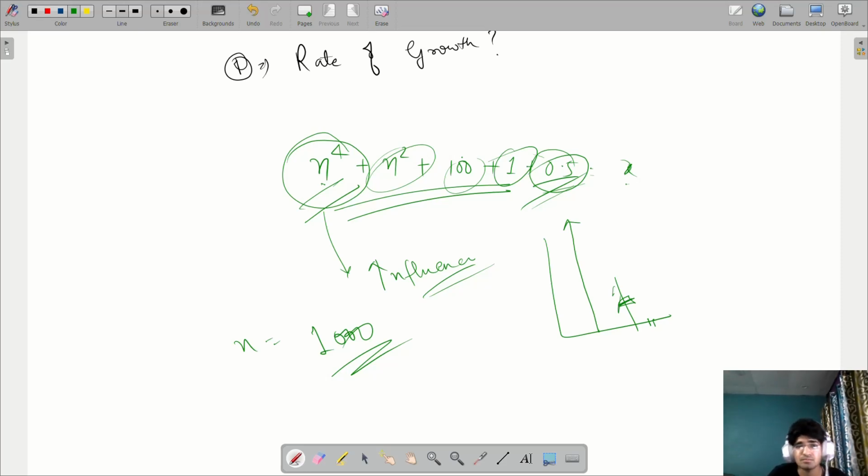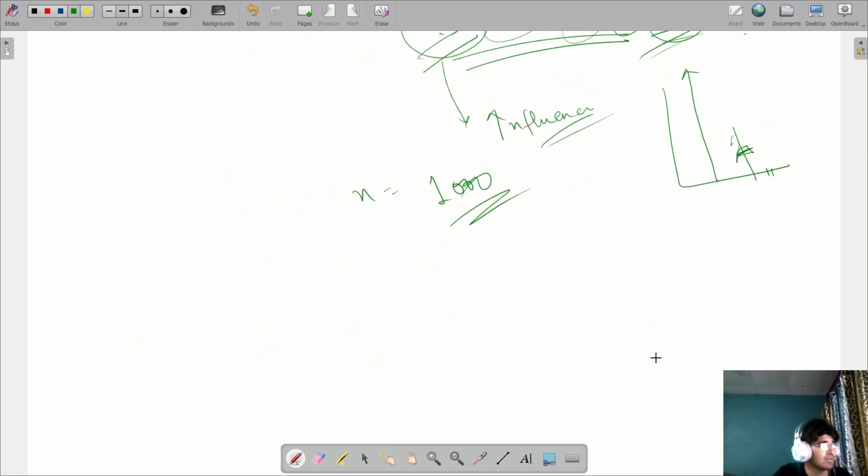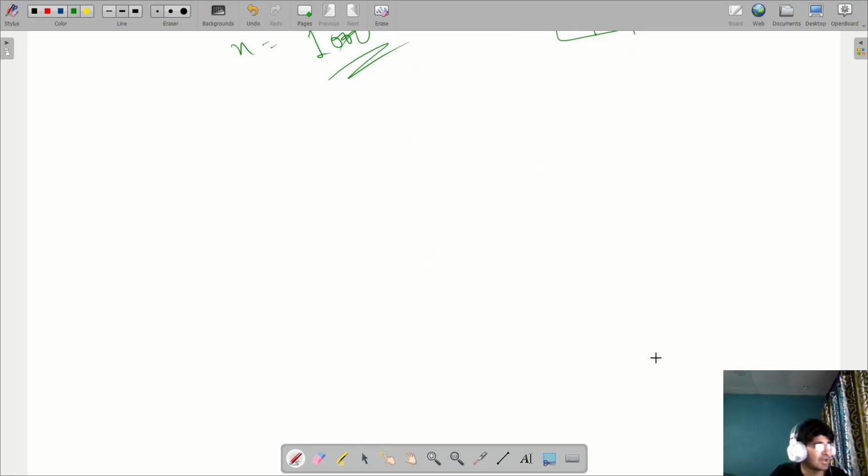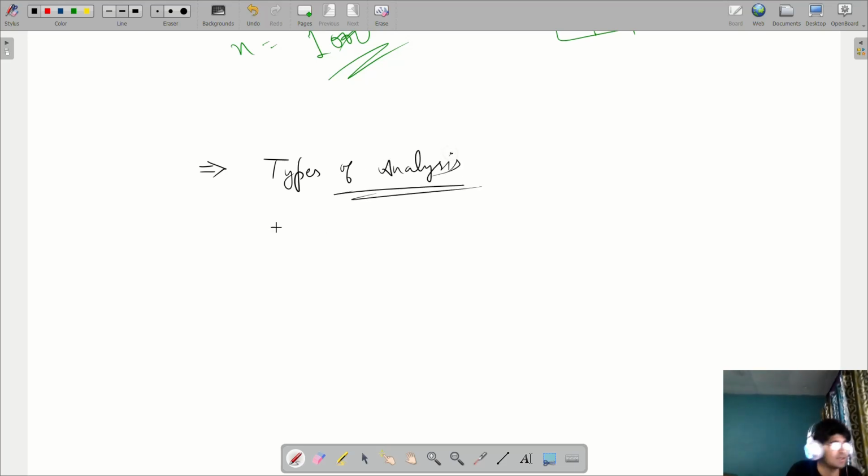Okay, now types of analysis. We now know there is something called rate of growth, and we also know what the ideal solution can be for something, right? So the next point is really important: what types of analysis can I do with this? You can basically go into three.